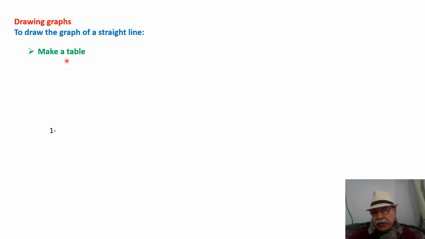Drawing graph. He asked me for this example, how do I draw the graph? كيف أرسم المخطط للمعادلة الخطية للمستقيم. To draw the graph of the straight line، عندنا أولا make a table، نقوم بعمل جدول. First thing when you start to draw the graph should be to make a table.